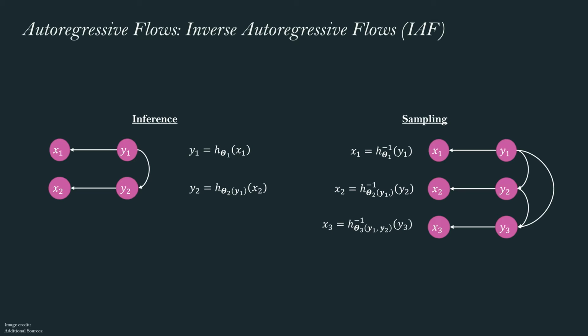Now, if we want to calculate y3, we're going to need y1, y2, and x3, so forth and so on. So this is where the inference is much slower. It's a little bit odd, but you can just see the dependency structure here. So they're just as expressive as one another. Just one is faster for sampling, one is faster for inference.